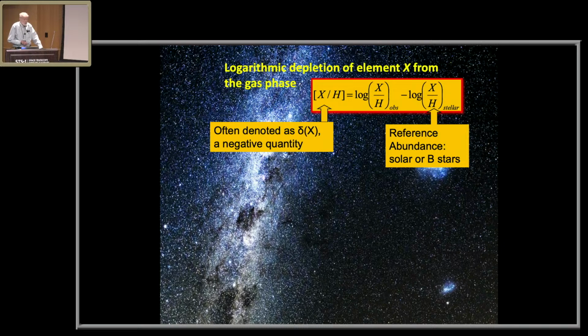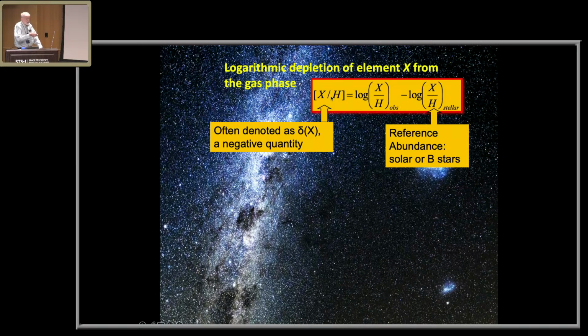Okay, how does this work? Well, you take the log of the observed abundance, and you subtract from that the stellar abundance. And from that you get a logarithmic depletion factor, which we call delta sub x.